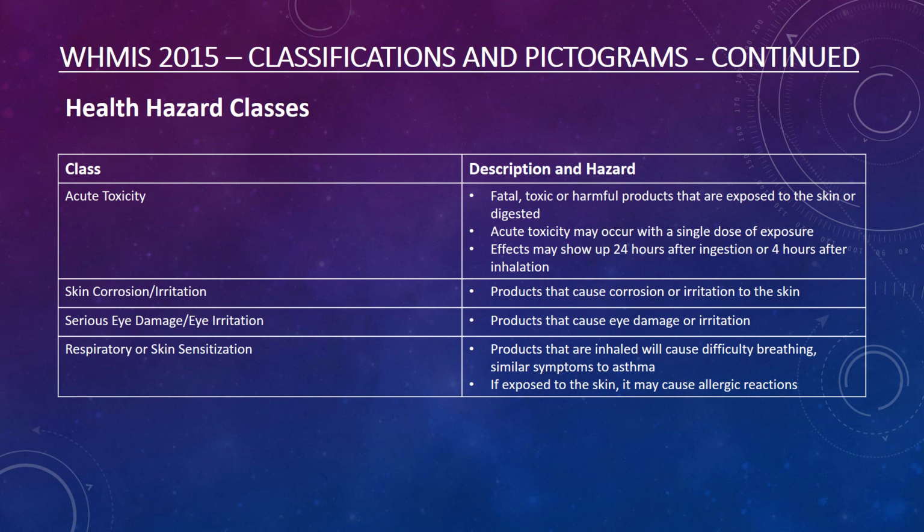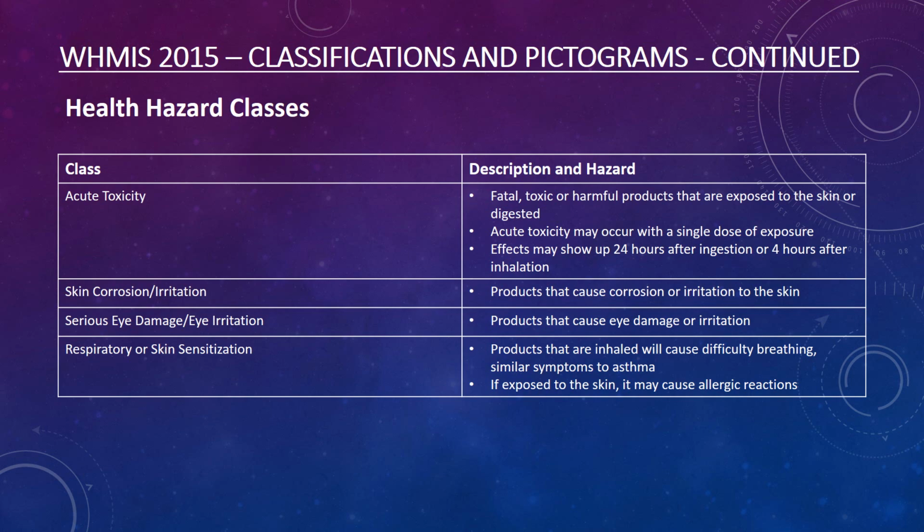Serious eye damage or eye irritation. Description: products that cause eye damage or irritation. Respiratory or skin sensitization. Description: products that are inhaled will cause difficulty breathing, similar symptoms to asthma.